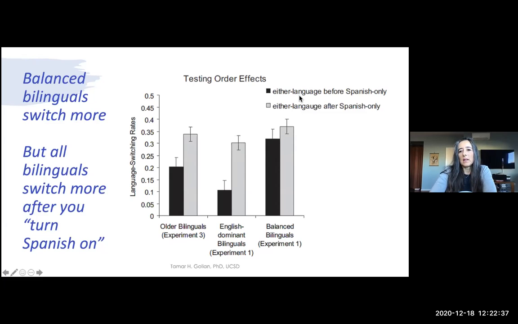If they did the either language block first, they chose to switch less often, and this was true for everybody, than if they did the either language block after they had named a whole block of pictures only in Spanish, and then everybody switched more often, more like the balanced bilinguals.